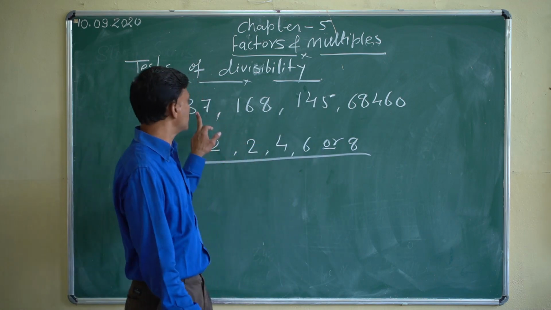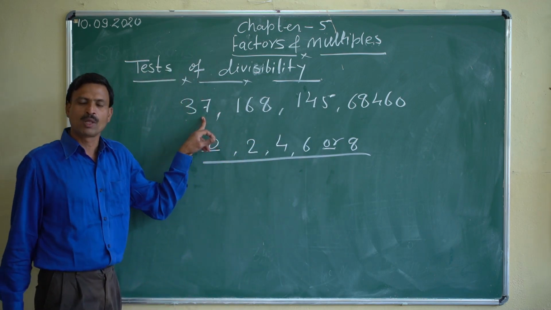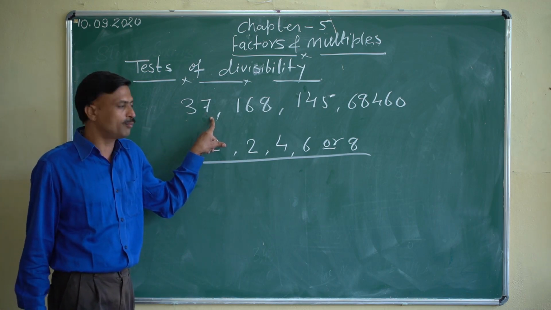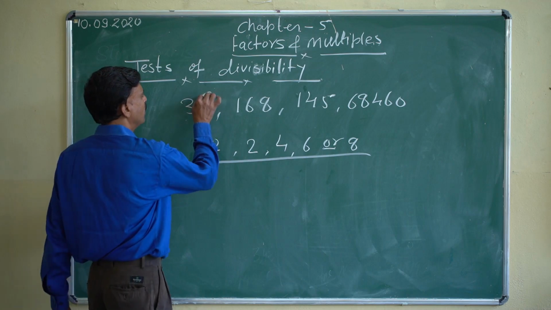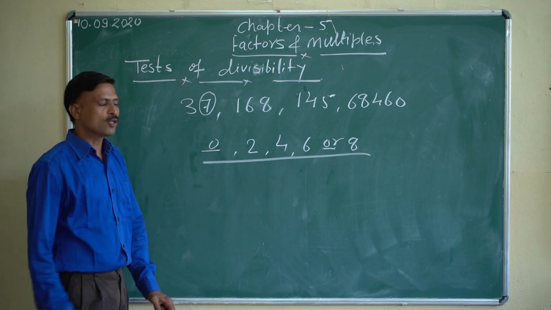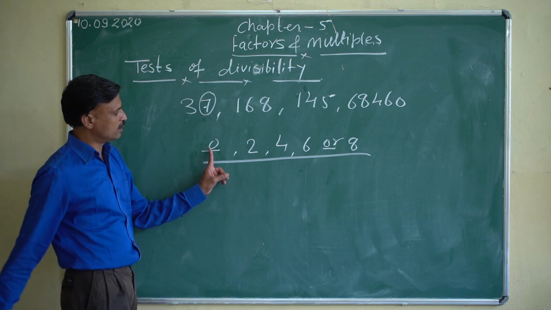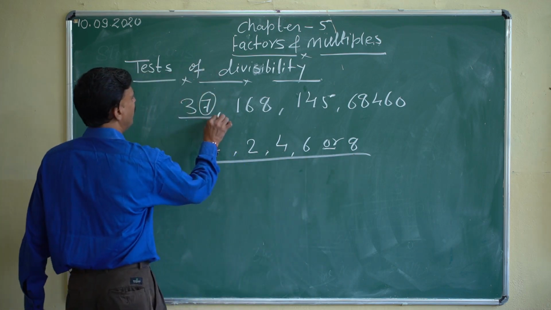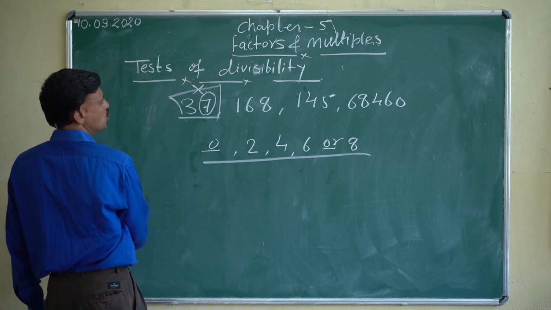The first number here is 37. What is the unit digit of 37? That is 7. Since it is not 0, 2, 4, 6 or 8, this number is not divisible by 2.